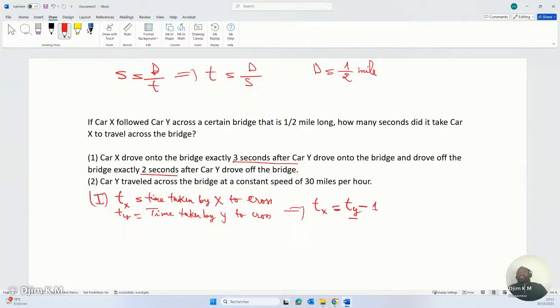You see, the speed is unknown. We have this, but this is unknown. So we can't determine the time it took Y. So the first condition is insufficient.